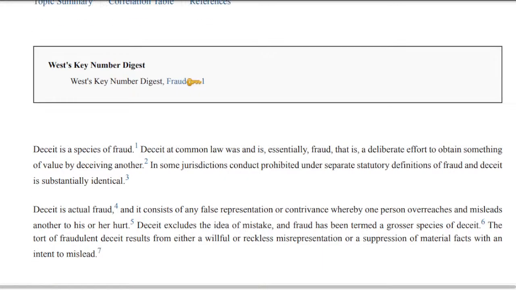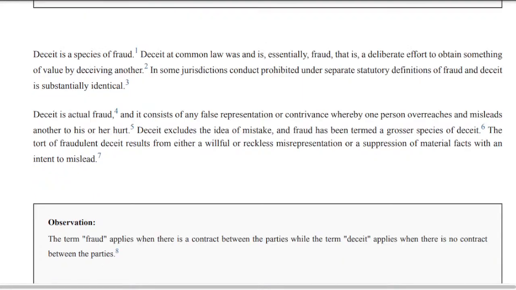We're on to Deceit, Section 4. Deceit is a species of fraud. Deceit, at common law, was and is essentially fraud, that is, a deliberate effort to obtain something of value by deceiving another.